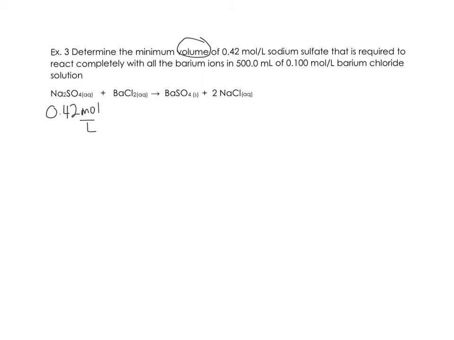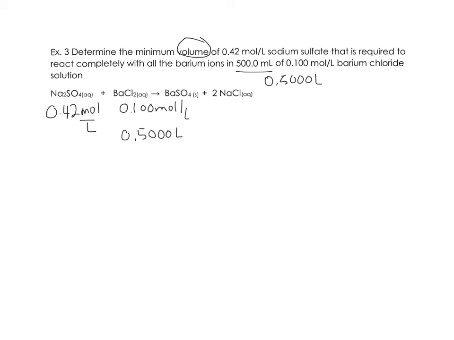That is required to completely react with barium ions in 500 milliliters, so a half a liter of 0.1 mole per liter solution. Okay, so this question is not asking for how much precipitate we need. It is strictly asking for how much of a reactant we need.